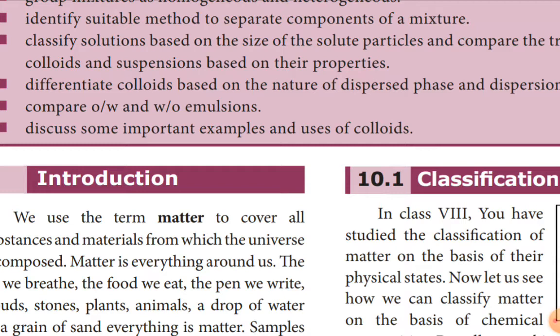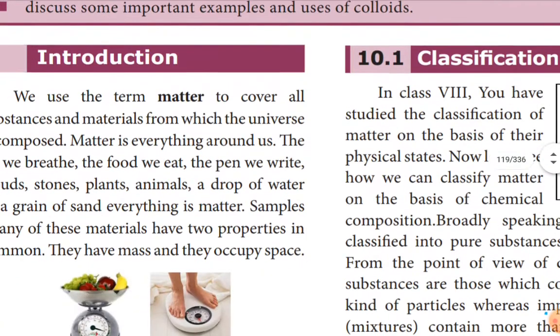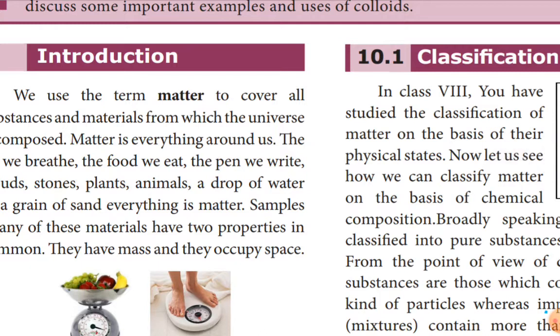Then we also learned about the types of mixture: homogeneous mixture and heterogeneous mixture. What is a homogeneous mixture? Homogeneous mixture is where the elements are present in uniform composition.